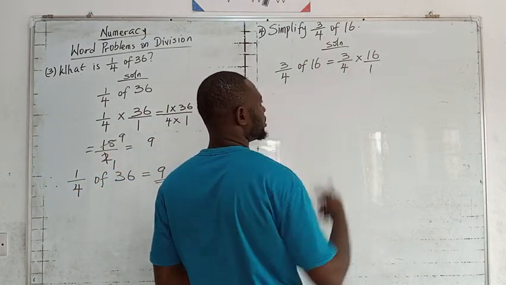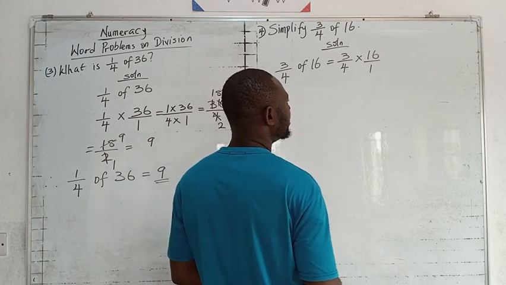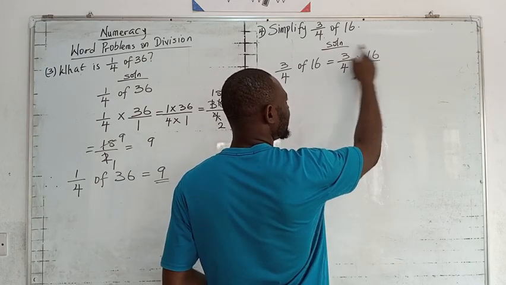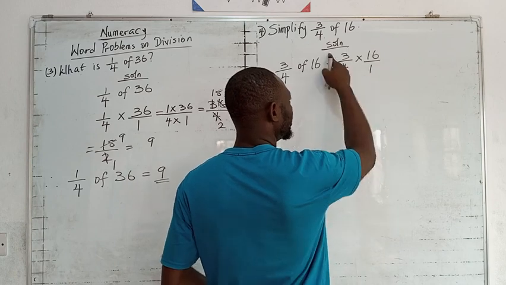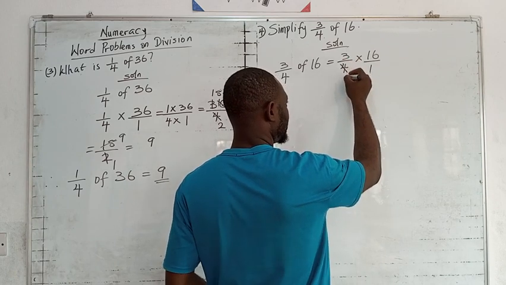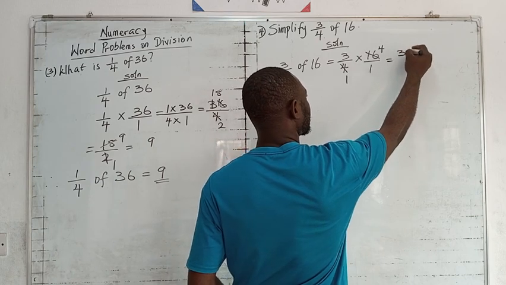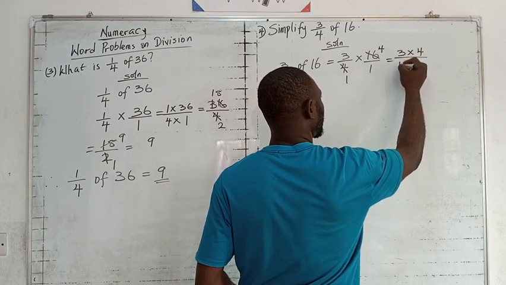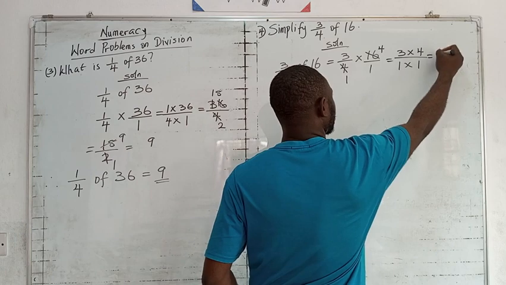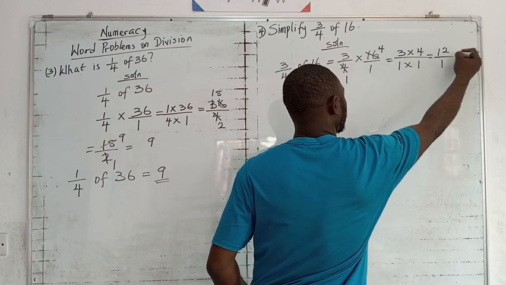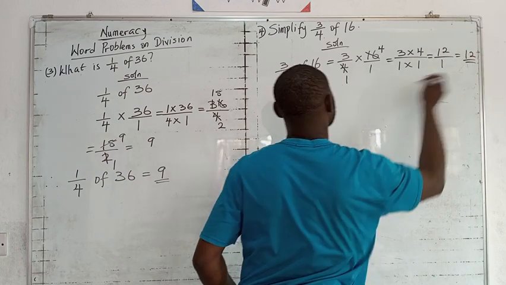So, let's see if anything can divide. Can anything divide here or here? Yeah, 4 here is 1, 4 here is 4. So we now have 3 times 4/1 times 1. And 3 times 4 is what? 12/1, which is 12.